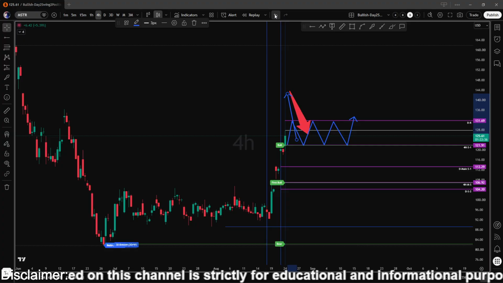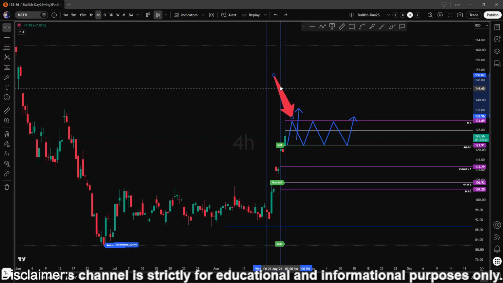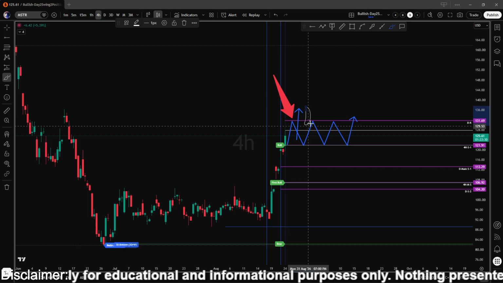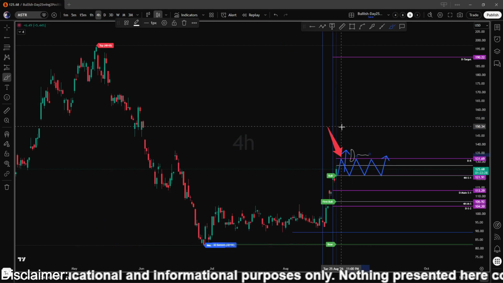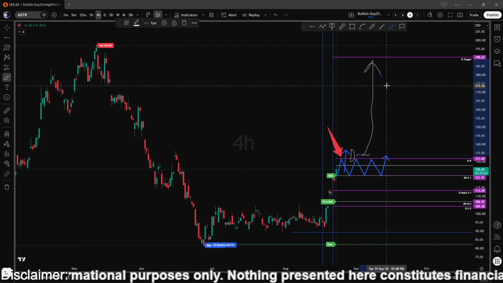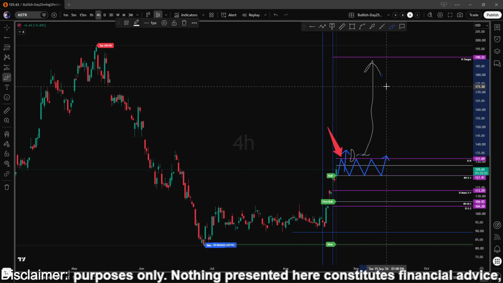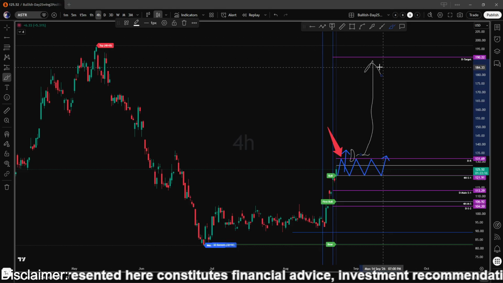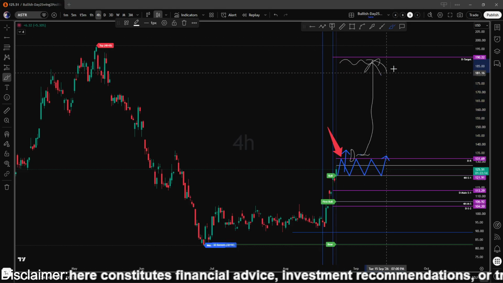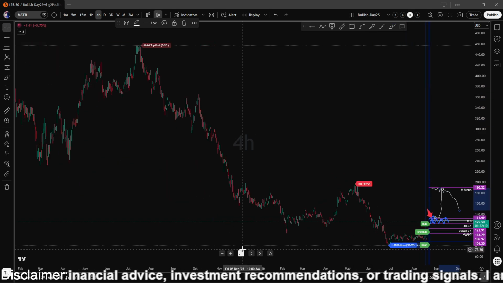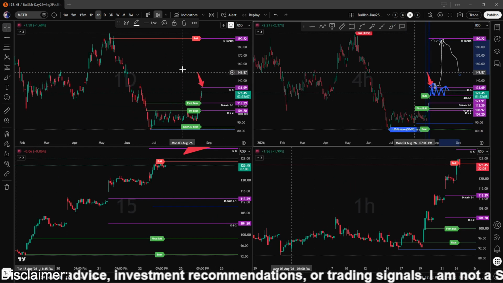Daily candle should close above this level, and then after that there will be this possible target which MicroStrategy stock will try to go for. And after reaching this level, there will be some sort of a downfall which I think is going to happen.